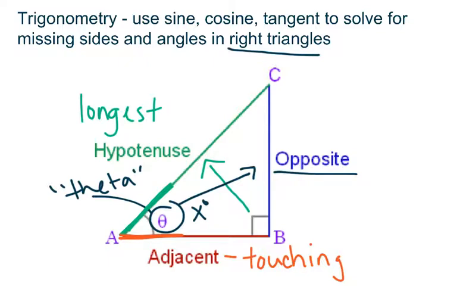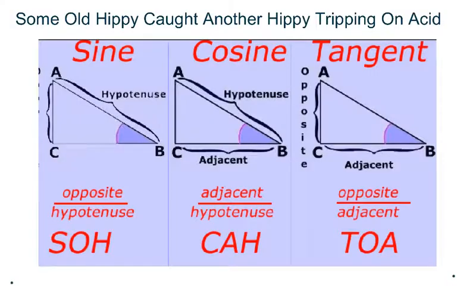You have to know which one is the opposite, which one is the adjacent, and which one is the hypotenuse in order to use the next thing we're going to talk about. Usually people remember this saying: some old hippie caught another hippie tripping on acid. Some old hippie is our sine function.